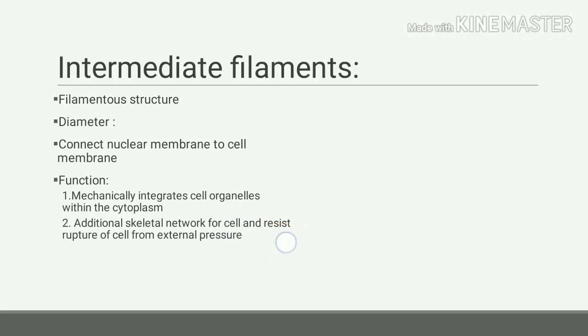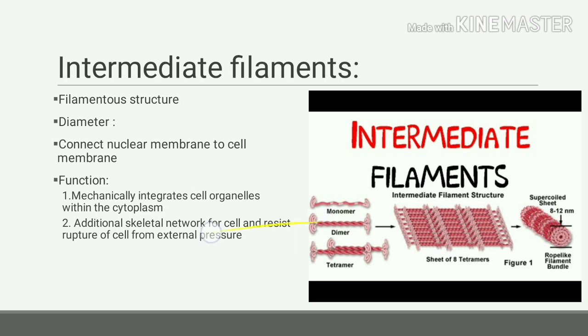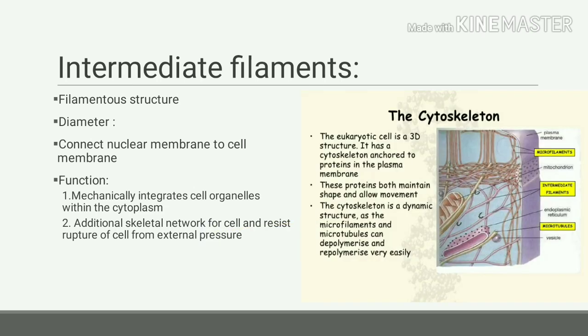Next one is intermediate filaments. You can see here, intermediate filaments are filamentous structures, about 8 to 14 nanometers in diameter. Some filaments connect the nuclear membrane to the cell membrane, as you can see in the diagram.